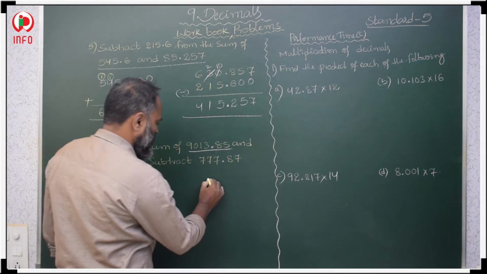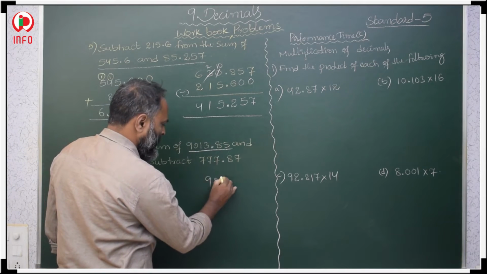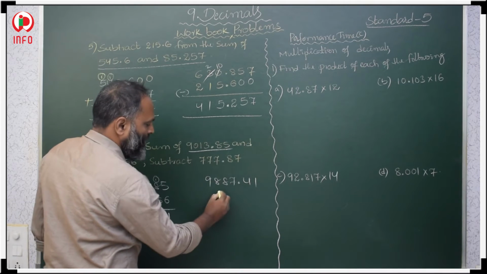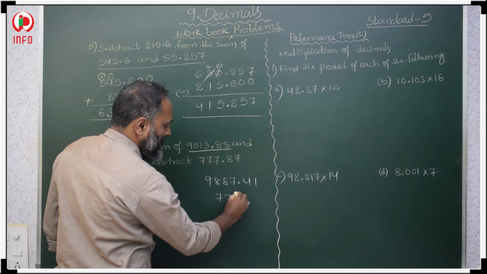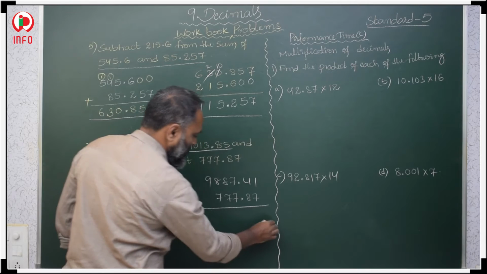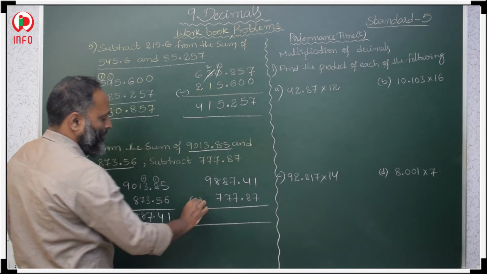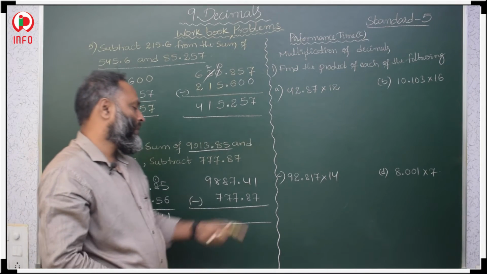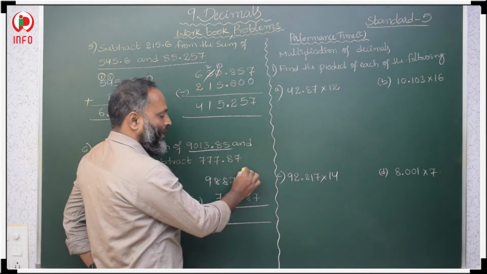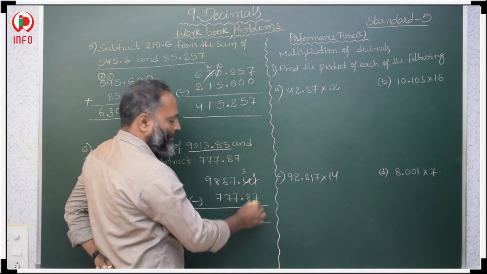What is the sum? 9887.41. From this, 777.87, this we should subtract. 1 minus 7 we cannot do, so take a borrow from here. You will get 3 here, you will get 11. 11 minus 7 is 4.